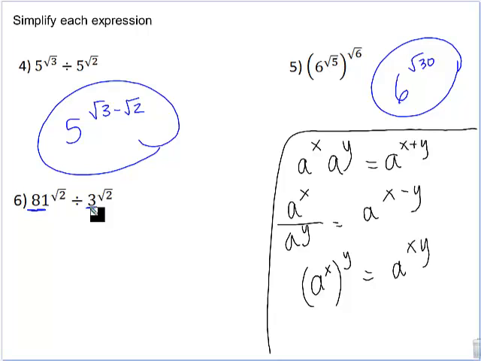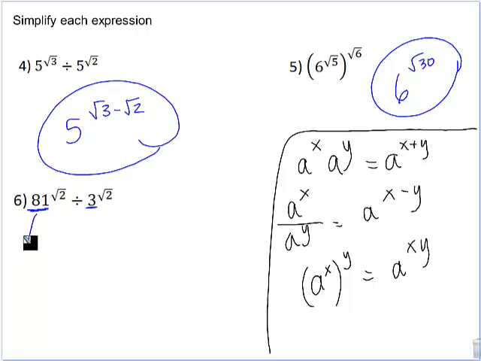Look at your smaller number here, 3. Is there a way we could make 81 out of 3s? 3 to the what power would give you 81?